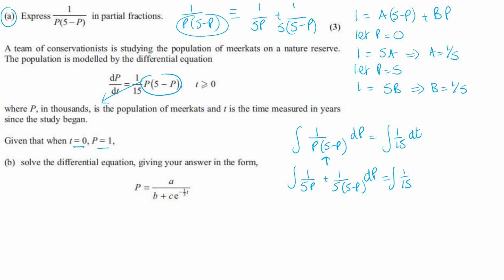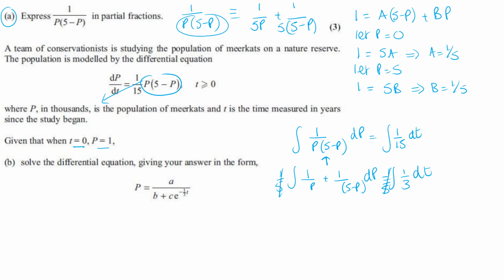And what we can do here is take a factor of 5 out. So I can put these fifths on the front, and I can even take a factor of 5 out here, and then I can just cancel by the fifths on the front, so that will make life easier for myself. And now I can go ahead and integrate.